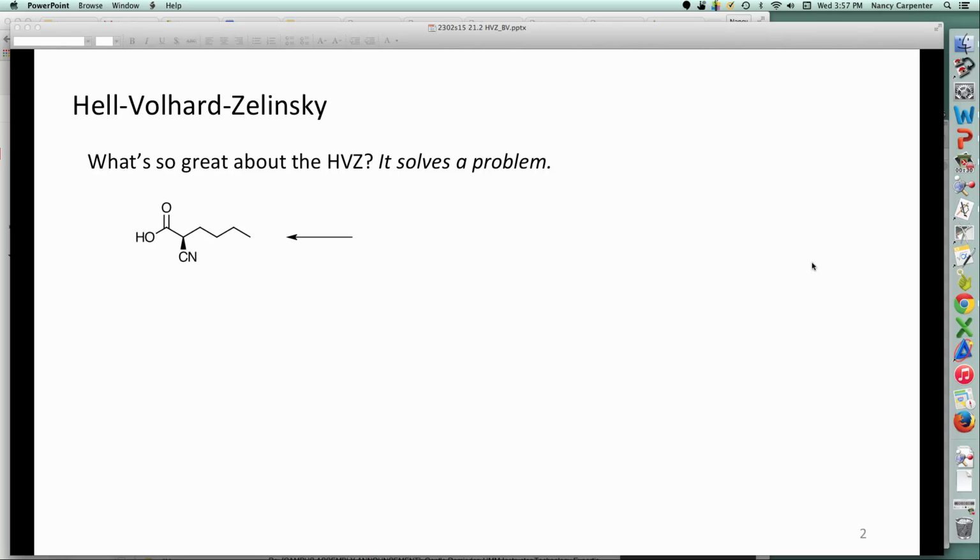The problem is that if I wanted to carry out some kind of reaction to synthesize this alpha-substituted carboxylic acid, the logical disconnection would be to think about this guy as a nucleophile. After all, sodium cyanide, potassium cyanide, that should be added as a nucleophile.